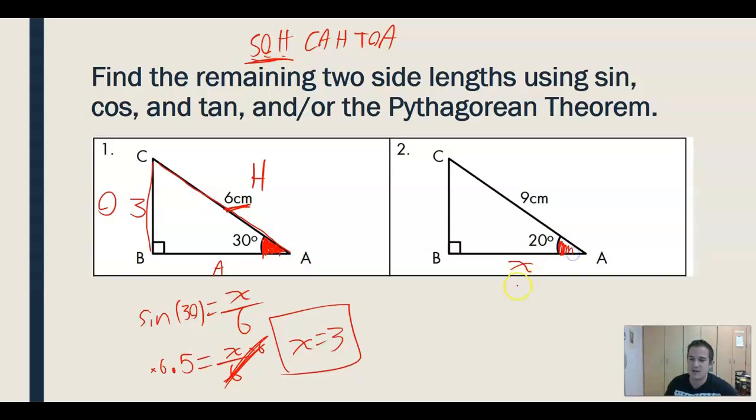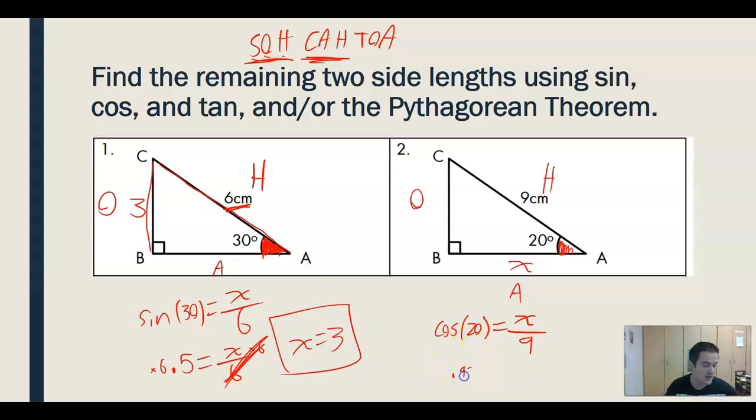I have this angle. This is my adjacent, opposite, and hypotenuse side. I'm looking for this side right here. This is the one I want to find. I know the hypotenuse, so which of my trig functions deals with the adjacent and hypotenuse sides? Well, cosine. So I'm going to write cosine of 20 degrees equals adjacent, or x, over hypotenuse, or 9. Again, my calculator has an arsenal of triangles and knows what the cosine of 20 degrees is.